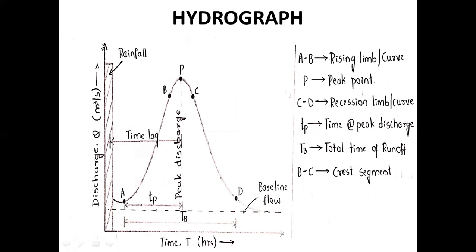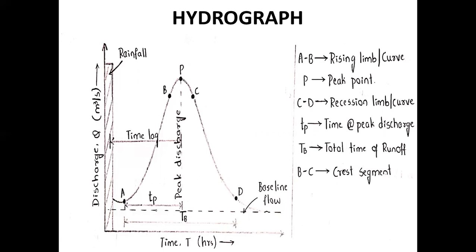Again, the same discharge versus time. You can notice here, this is the peak discharge. AB is the rising limb. Point P is the peak point, the maximum discharge.